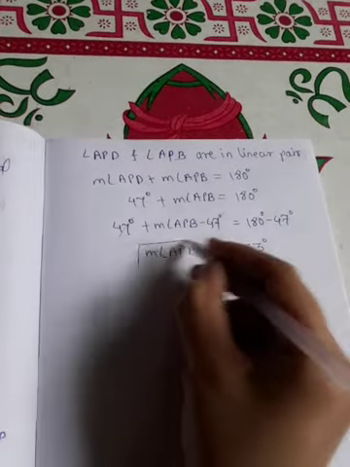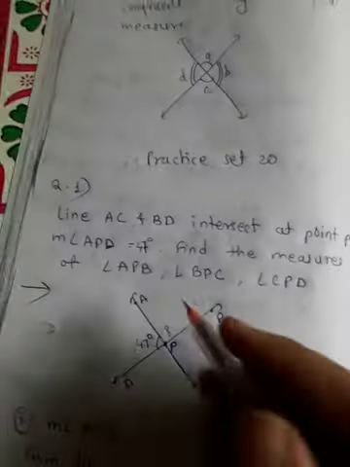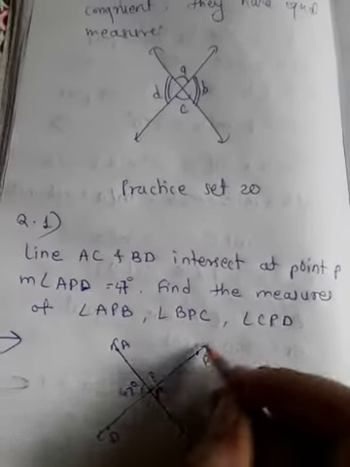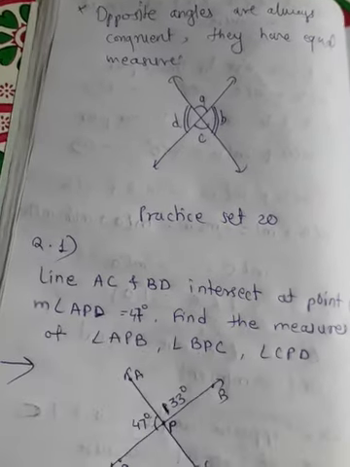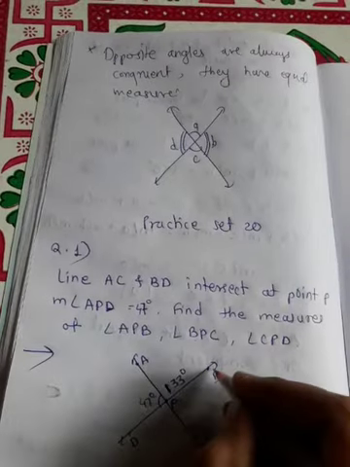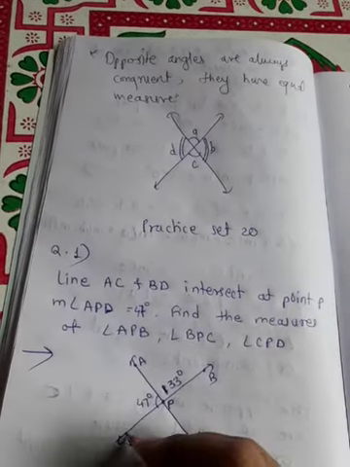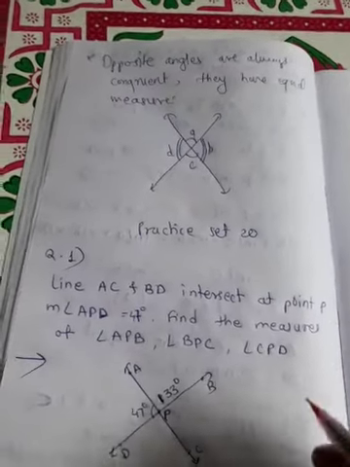So we got the measure of angle APB is 133 degrees. Now see, angle APB is opposite to angle CPD.